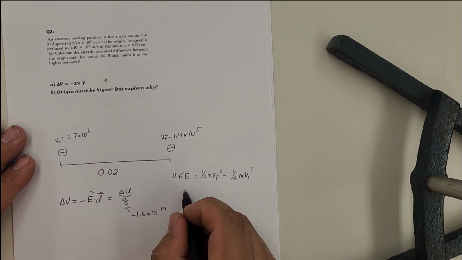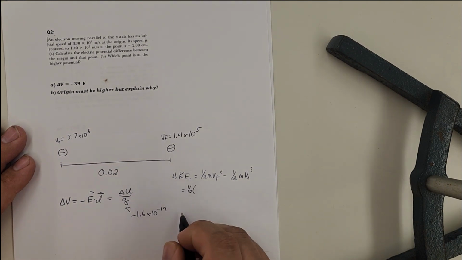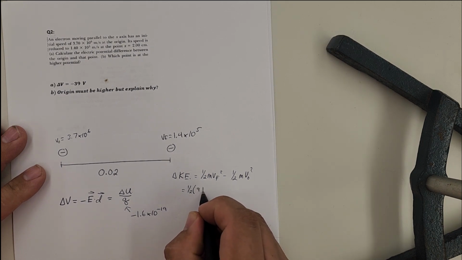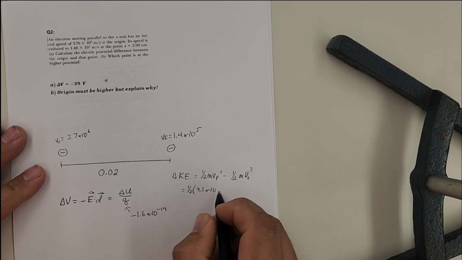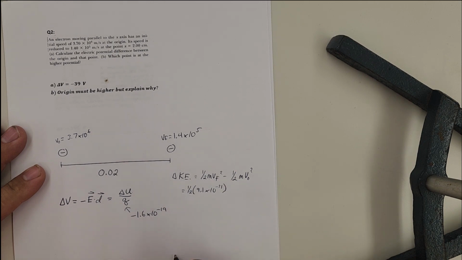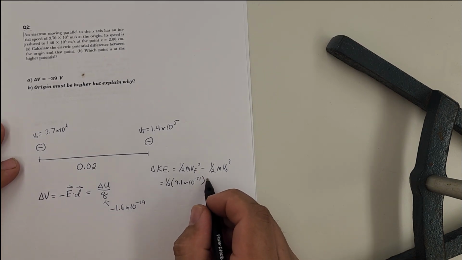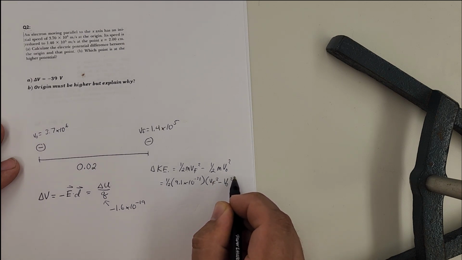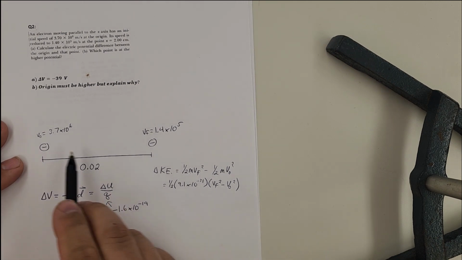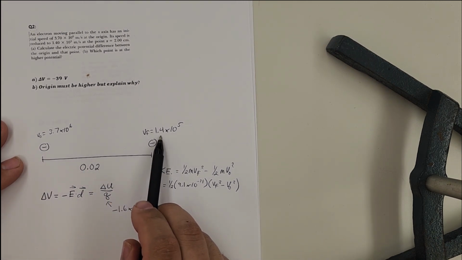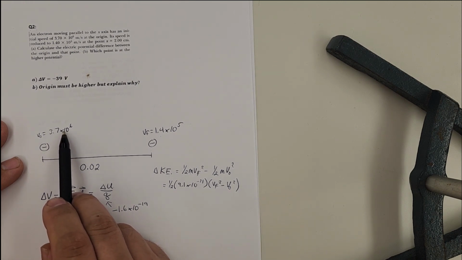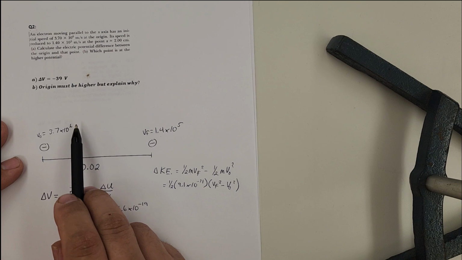We're going to have 1/2 the mass of an electron, 9.1 times 10 to the negative 31st kilograms, and then we're going to multiply that by vf squared minus v0 squared. Okay, vf squared is going to be 1.4 times 10 to the positive 5th, v0 squared is going to be 3.7 times 10 to the positive 6th.